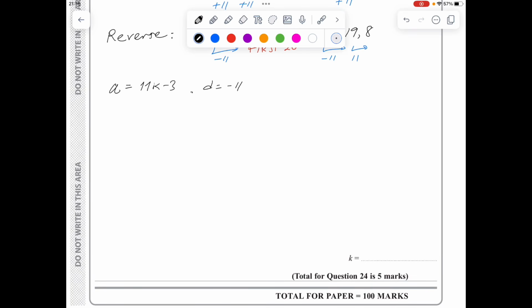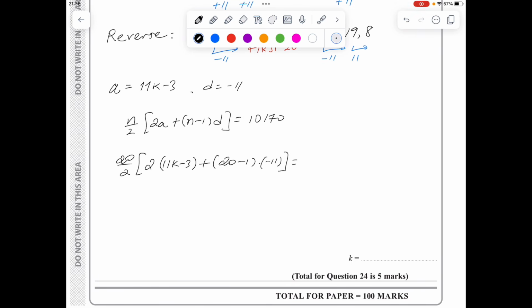So using the formula for the sum, I get n over 2, (2A plus (n minus 1)D) is equal to 10,170. So let's substitute: 20 over 2, (2 times (11K minus 3) plus (20 minus 1) times minus 11) equals 10,170.